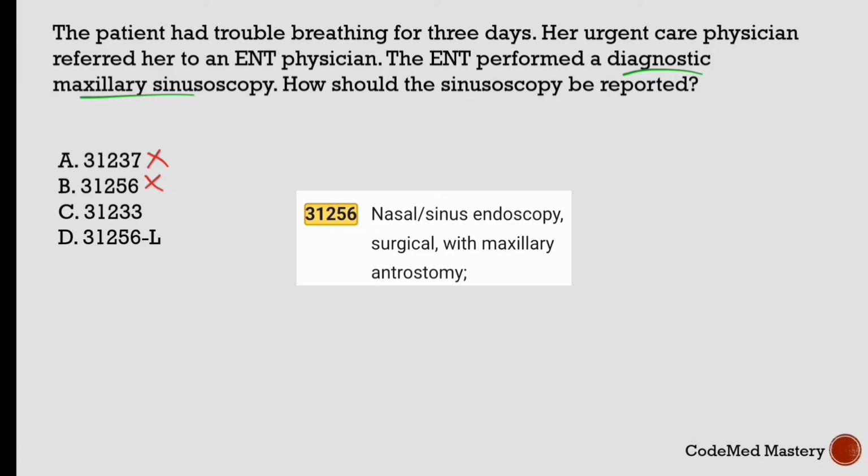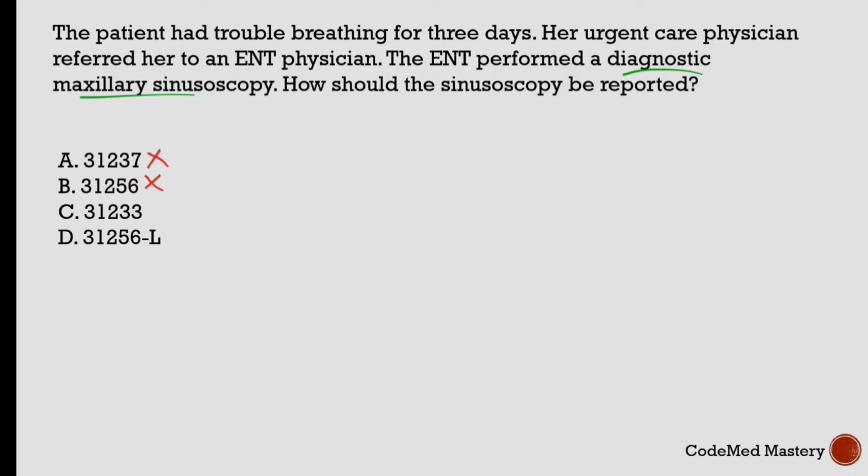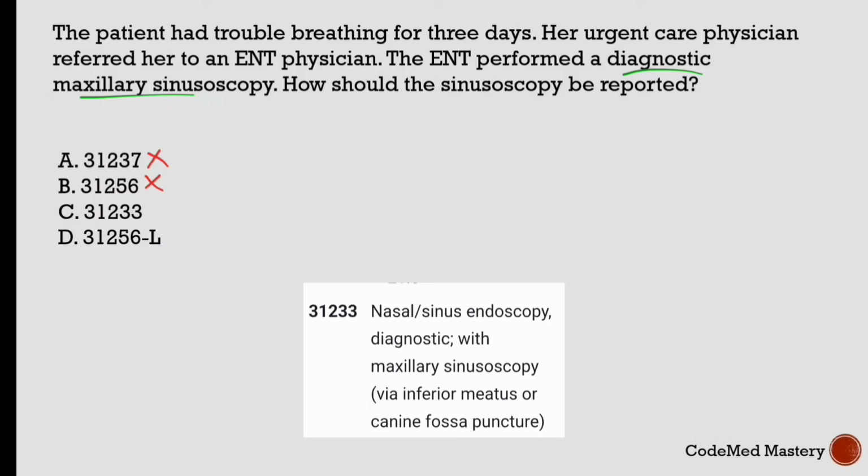So we'll eliminate option B. Coming to option C, 31233. 31233 is for nasal sinus endoscopy diagnostic with maxillary sinusoscopy. So that is exactly matching with the question. So our right answer will be option C. Coming to option D, 31256, we already checked it while checking option B. So that is the wrong code. We'll eliminate it. Our right answer is option C.